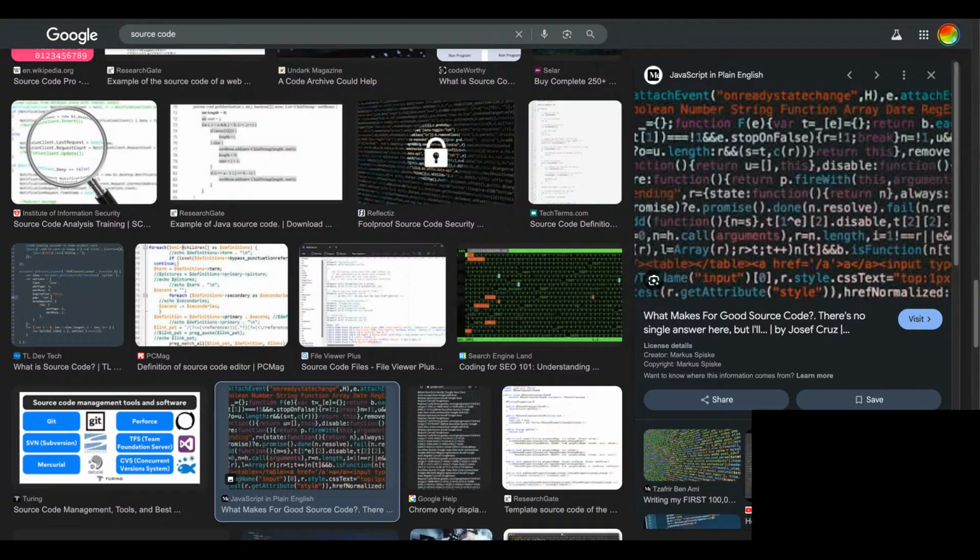Yeah, something like this. Those of you who are programmers or software developers, you know exactly what I'm talking about.